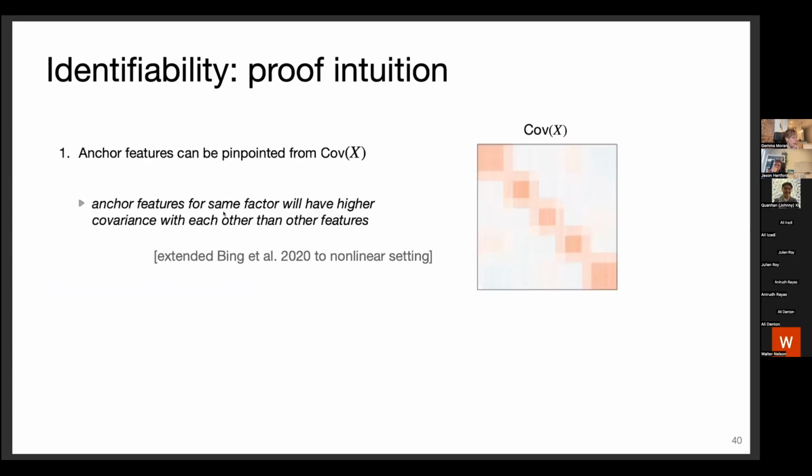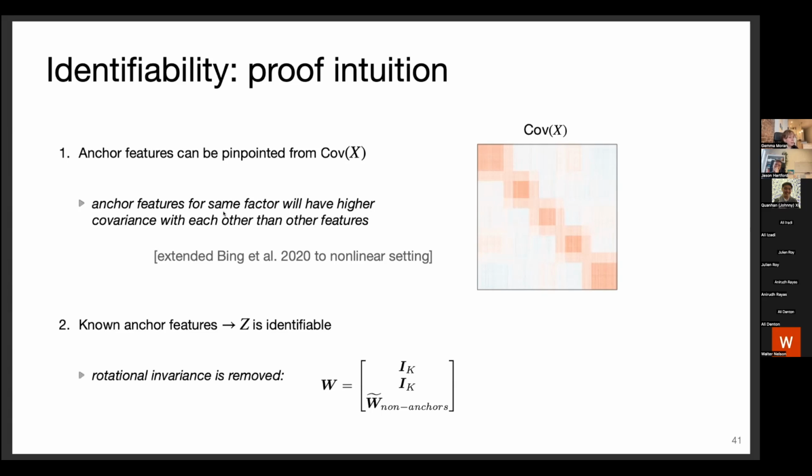Okay. So just to give some intuition for our proof. The idea is that the anchor features can be pinpointed from the covariance of our data. Anchor features for the same factor will have higher covariance with each other than with other features. For this, we extended the result of Bing et al. for linear factor analysis to this nonlinear setting.